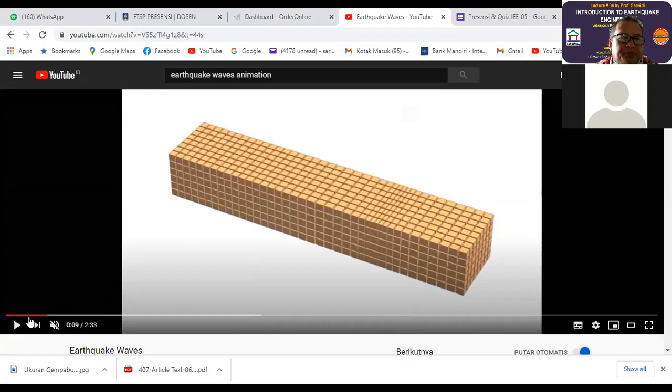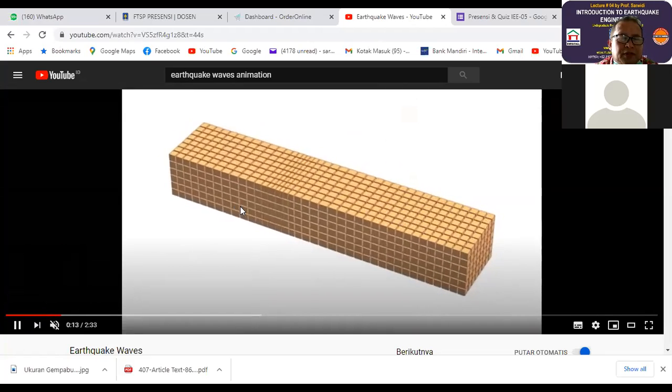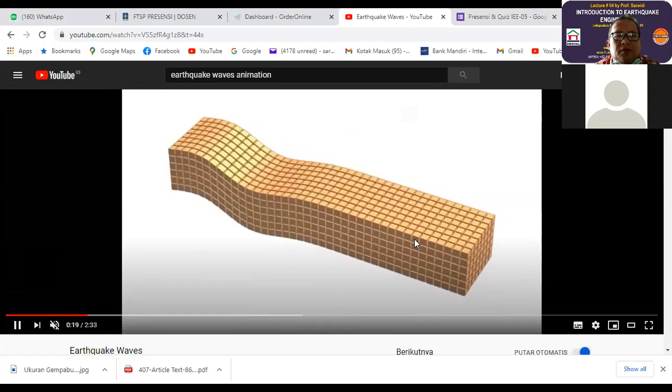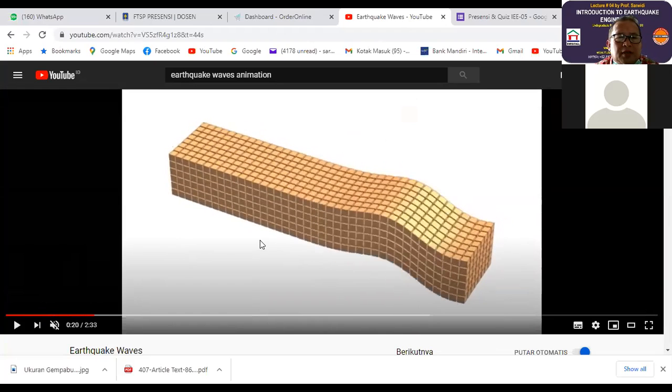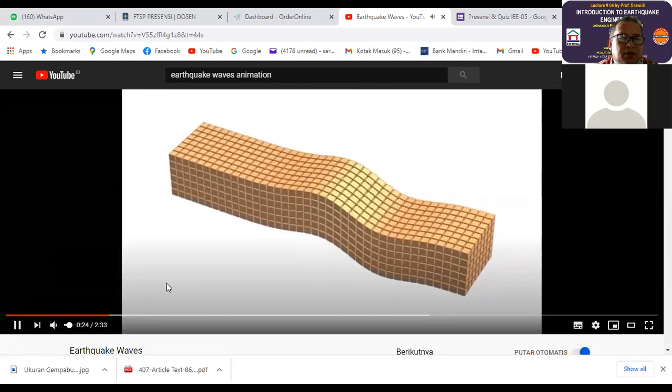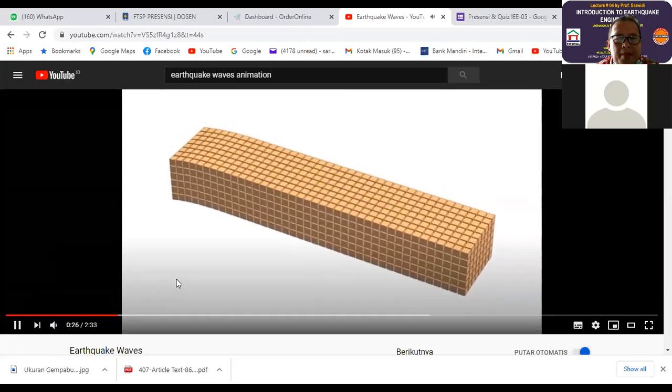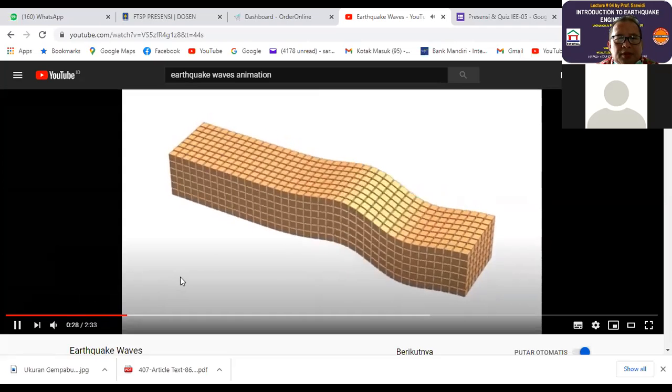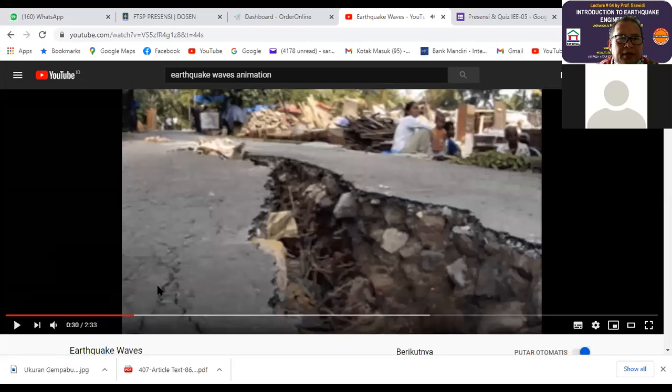So this is the P wave, in the form of a P wave. There is tension and compression in sequence. Okay, this is the secondary waves.